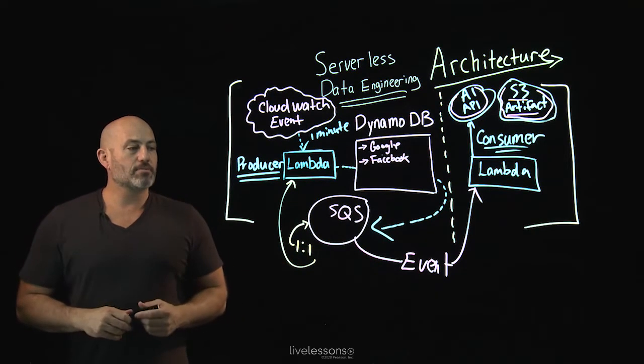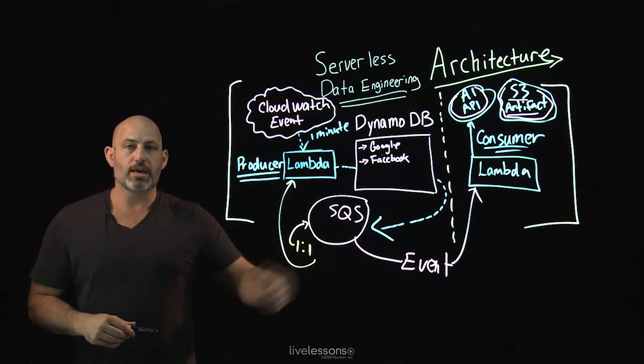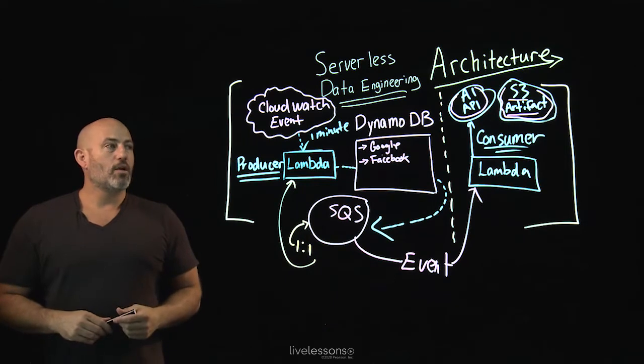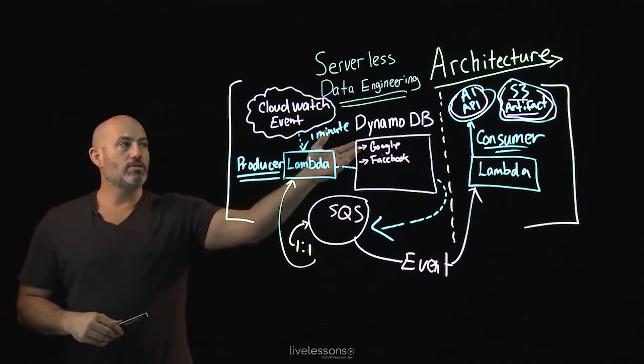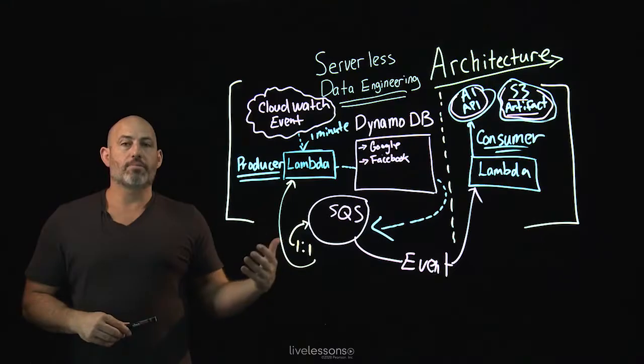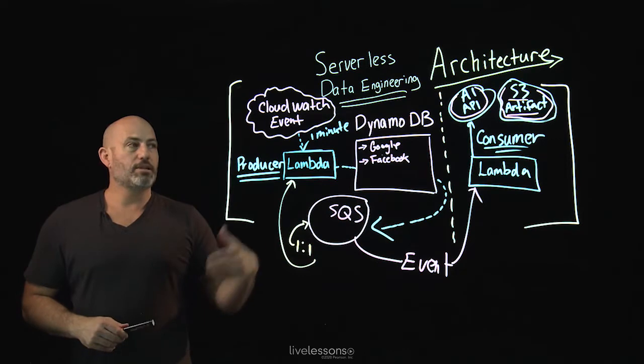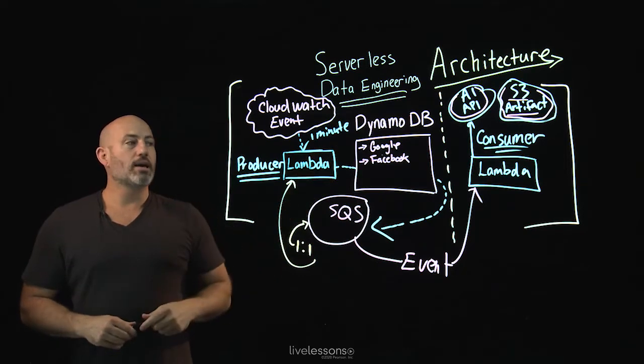Now next, what happens, in this again is the producer, is we go to the consumer side. And on the consumer side, what we do is we call out into the AI API. In our case, we're using AWS Comprehend, but it could be Rekognition, it could be Translate, it could be some other pre-built API.